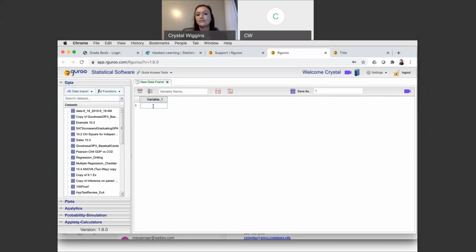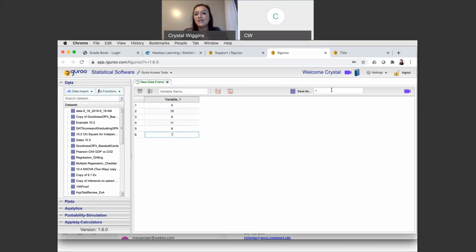It doesn't matter. I'm just going to leave it as variable 1. And I am going to put in, we had 6 data values, so I need 6 rows. And the values were 5, 10, 9, 11, 9, and 7.